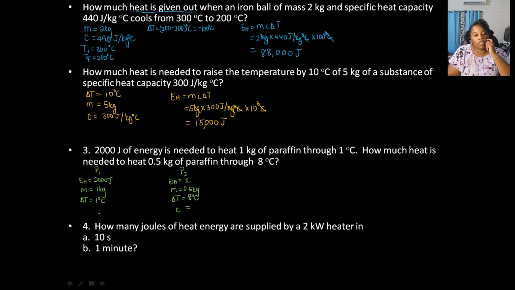They didn't give us C because it doesn't matter. If the two of them have the same specific heat capacity, they're going to cancel out. So we're going to say EH of P1 will be equal to the EH of P2. Okay?